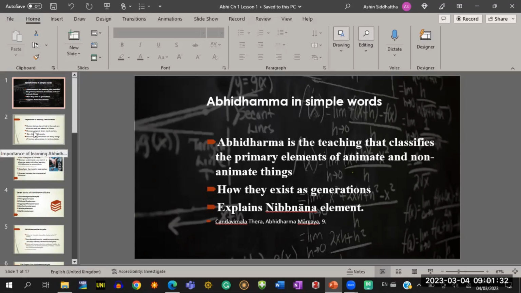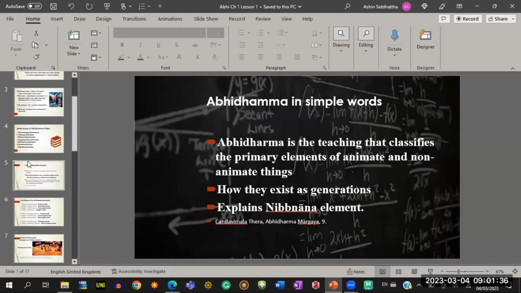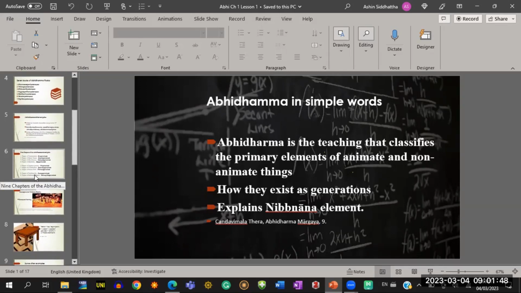Then, what are the benefits of learning Abhidhamma? What is Abhidhamma Piṭaka? What are the 7 books of the Abhidhamma Piṭaka? What is Abhidhammattha-saṅgaha? Who is the writer? What are the 9 chapters of the Abhidhammattha-saṅgaha?